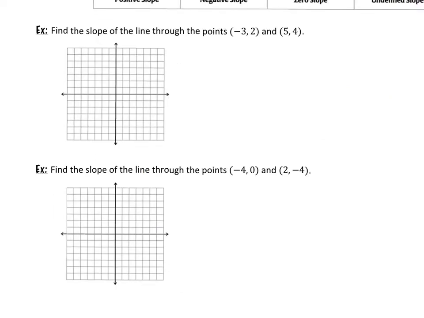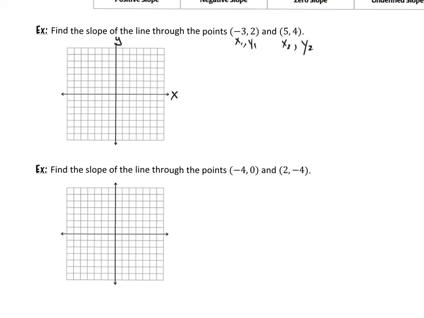In our next examples, we're going to actually find the slope of a line through these 2 points. There's a graph, so the first thing you should do is graph the points, okay? So remember in our coordinate pairs, it's x and then y, and so this will be x1, y1, and then x2, y2. So x is this one and y is this way. Always label your axes if they aren't labeled for you.